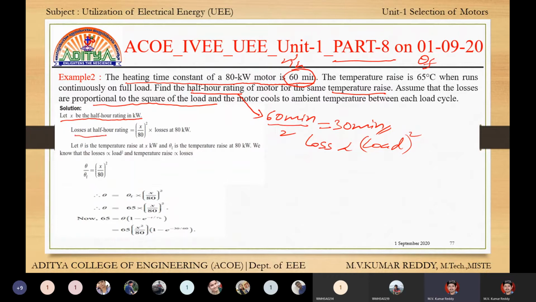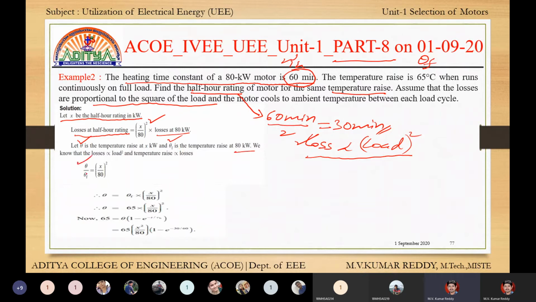Now the losses at the half hour rating are equal to (x/80) whole square times the losses at the full rating. We already know that loss is directly proportional to load square, so we take this formula. Let theta be the temperature rise at x kilowatts, and theta f the temperature rise at 80 kilowatts.